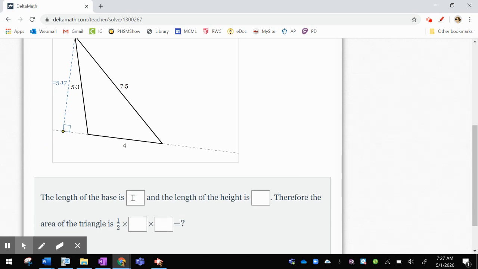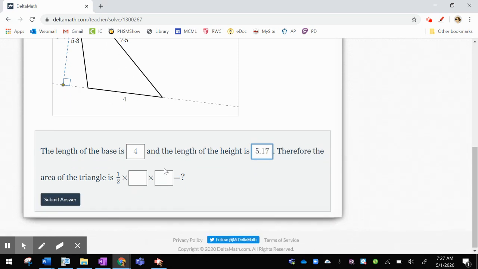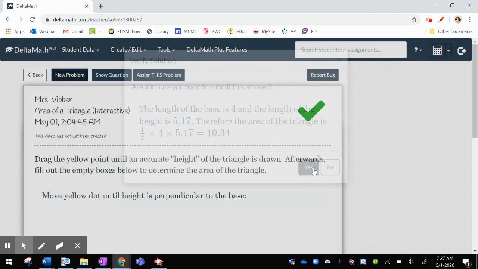And now it says the length of the base is what? Well, the base is 4. The length of the height is that 5.17. Therefore, the area of the triangle is 1/2 base times height, which is 10.34. And I'm going to submit my answer.